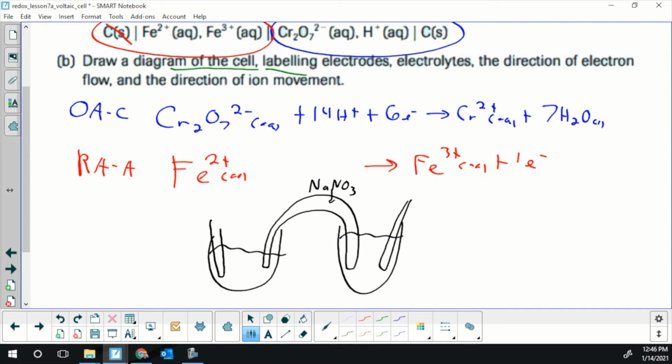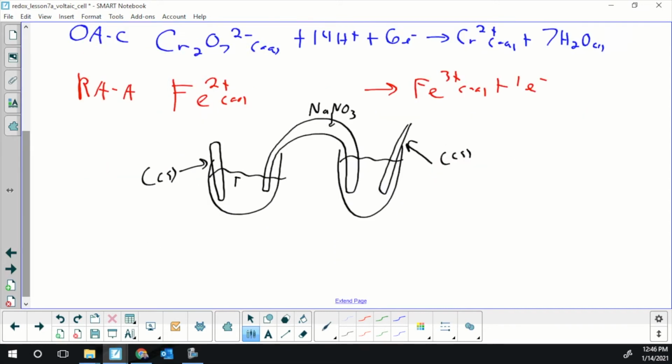I put a wave to be the top of my solution in each beaker. I've labeled 2 electrodes. When I look up, well, that's a carbon electrode, so I'll label that one as carbon. The other one is actually a carbon electrode too. In solution, we've Fe2+ and Fe3+.